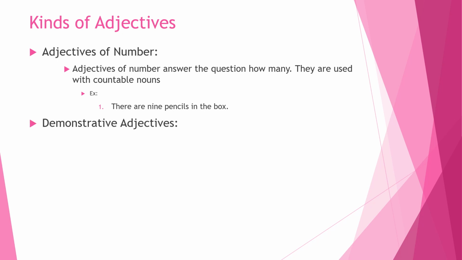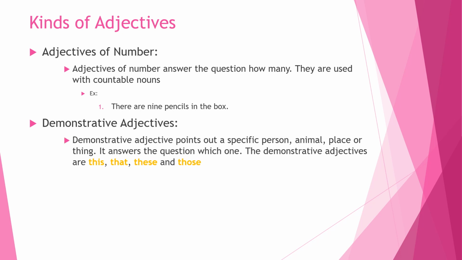The next kind of adjective is demonstrative adjective. Demonstrative adjective points out a specific person, animal, place, or thing. It answers the question which one. These are the demonstrative adjectives: this, that, these, those.